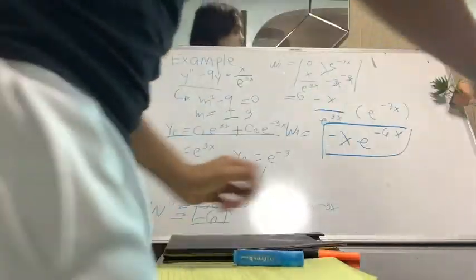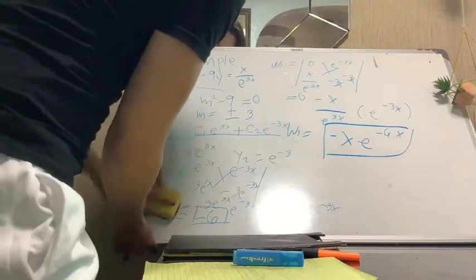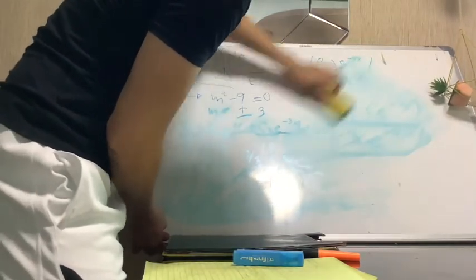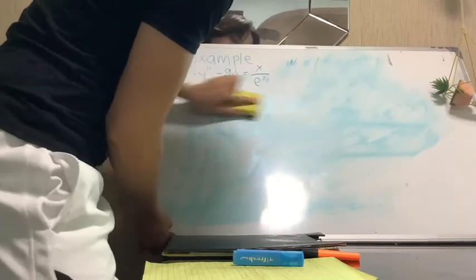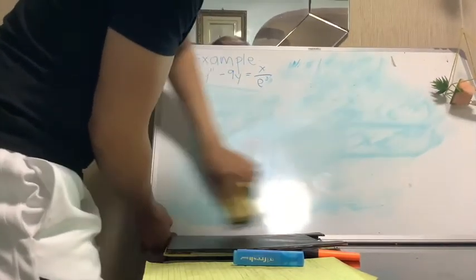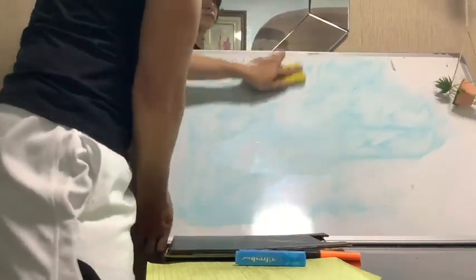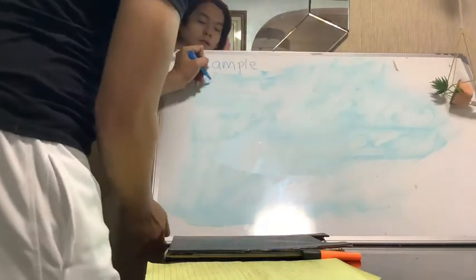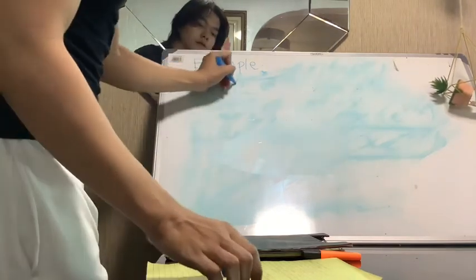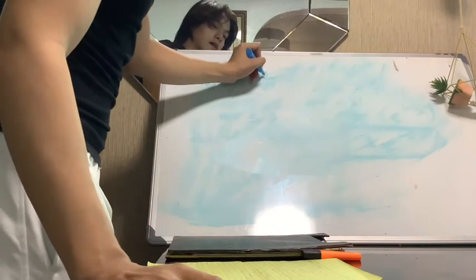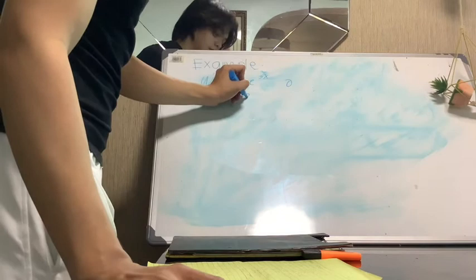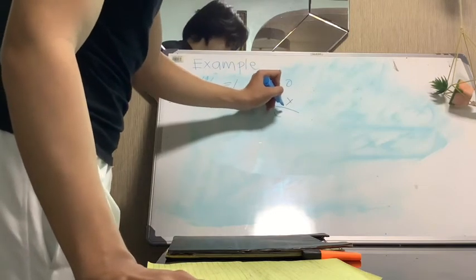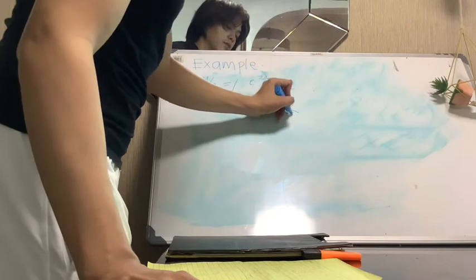Then let's find W2. W2 equals e to the 3x and 0 and 3e to the 3x and then x over e to the 3x.